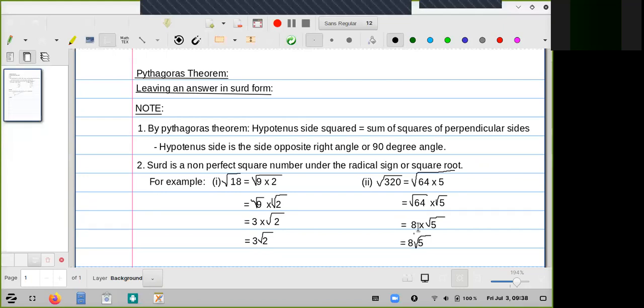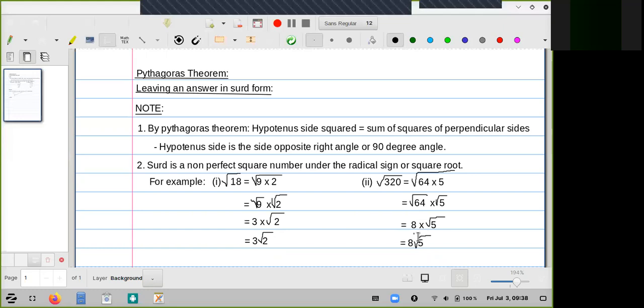Then I simplify this perfect square 64, which means we come up with 8 multiplied by the square root of 5. Then we simplify by removing the multiplication sign, which simply means it's 8 square root of 5. This 8 square root of 5 is exactly the same as 8 multiplied by the square root of 5.